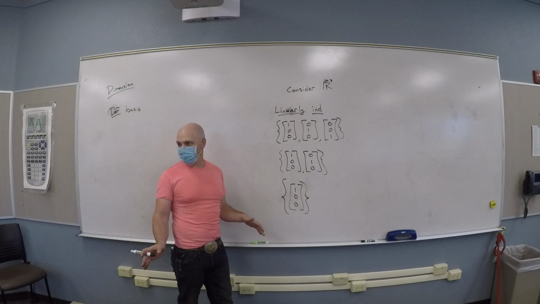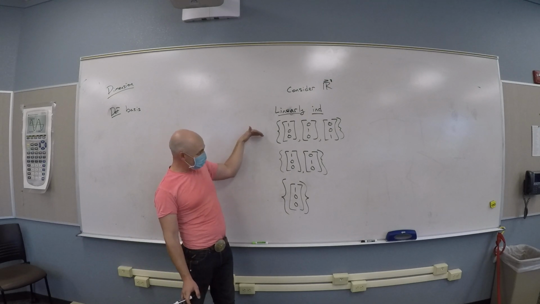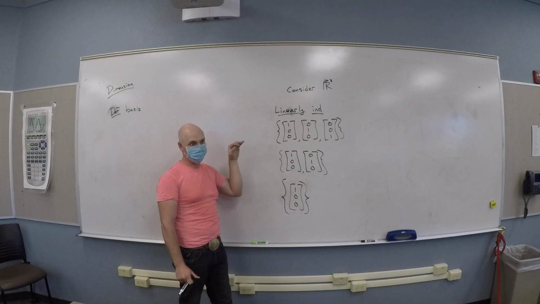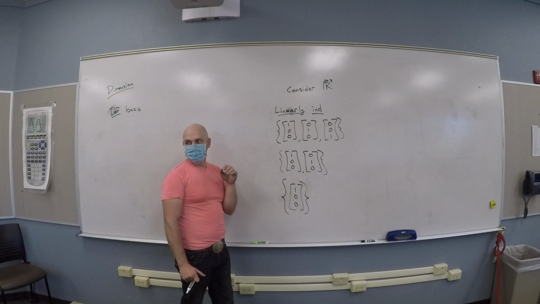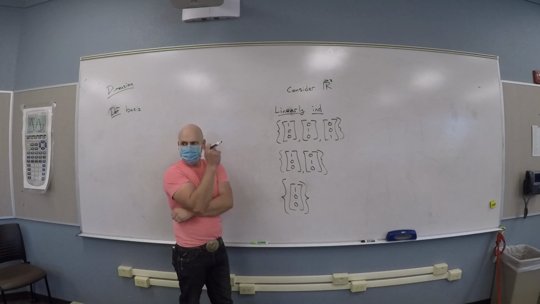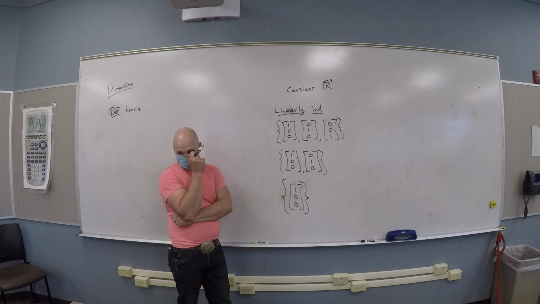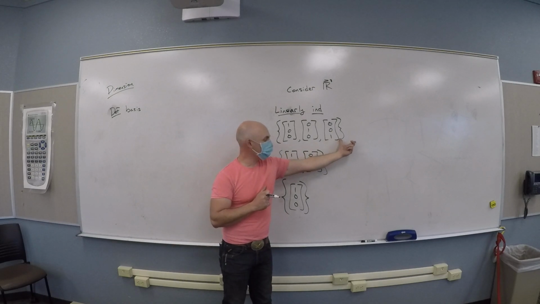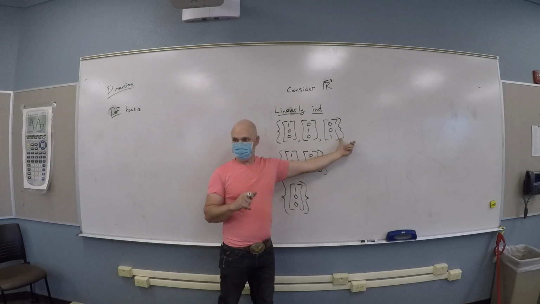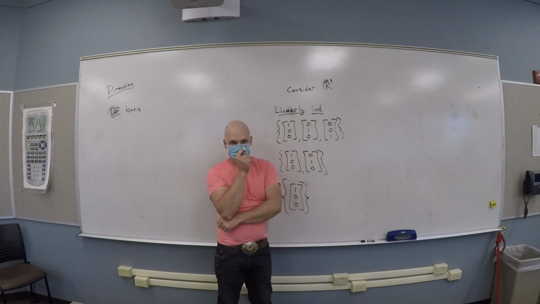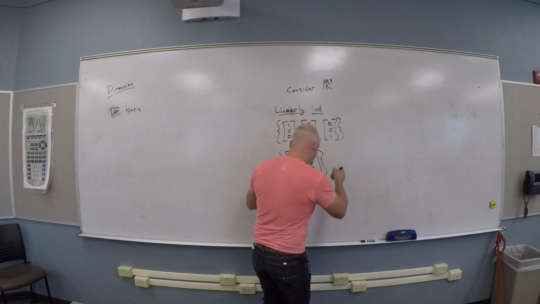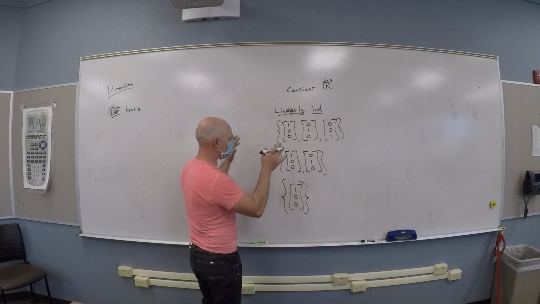Can I have a linearly independent set of vectors in R3 that has 4 vectors in it? No, because one of them would be parameterized by the others. If there was a fourth column, then one of them would have to be parameterized by the others. Let me spitball here.